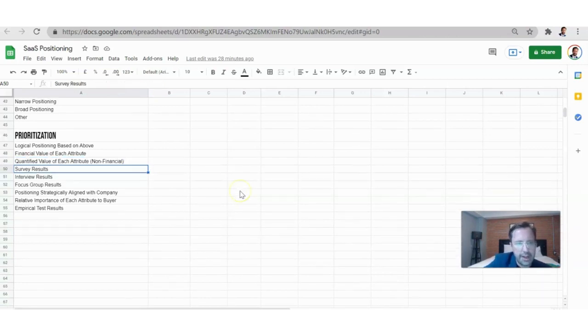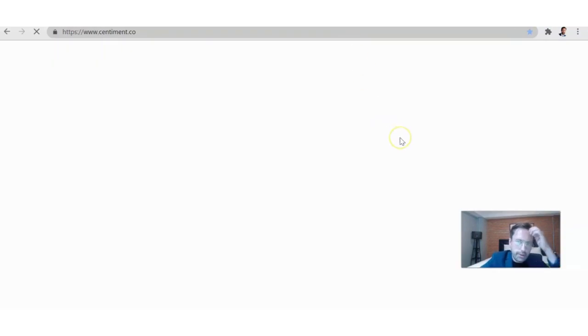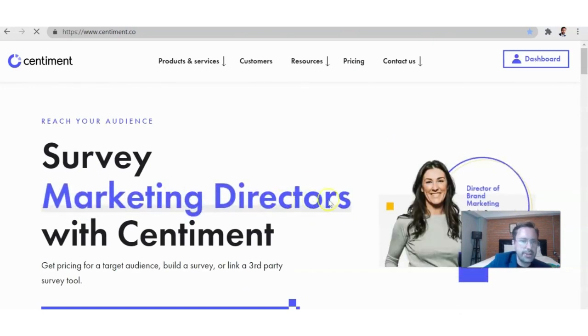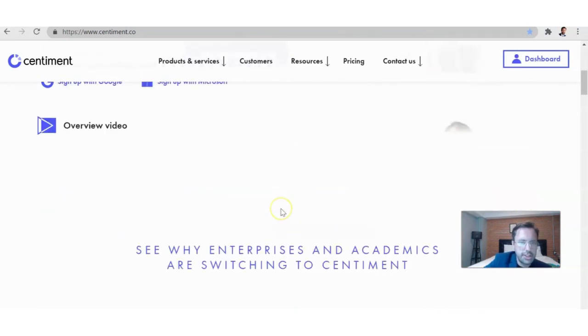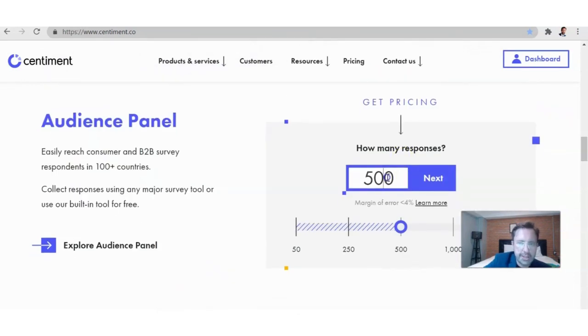Another way to quantify and prioritize, to hone in on your positioning, is survey results. You can go to a website like Sentiment. Sentiment is just a website for getting panel data. For example, you could survey marketing directors, and type in a quote request to say, okay, I want 50 responses from VPs of marketing at companies with 200 plus employees in the USA, and they'll give you a quote.